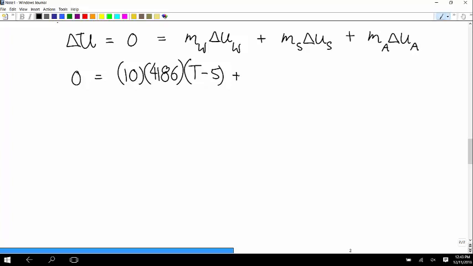Plus, for the steel, we have a mass of 0.2 kilograms times whatever the specific heat is for the steel, times T minus 150, since it arrives at that same equilibrium temperature but starts out at 150 degrees.